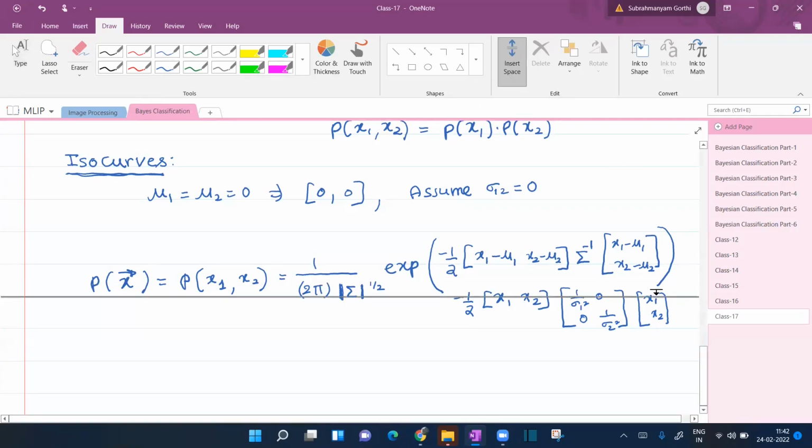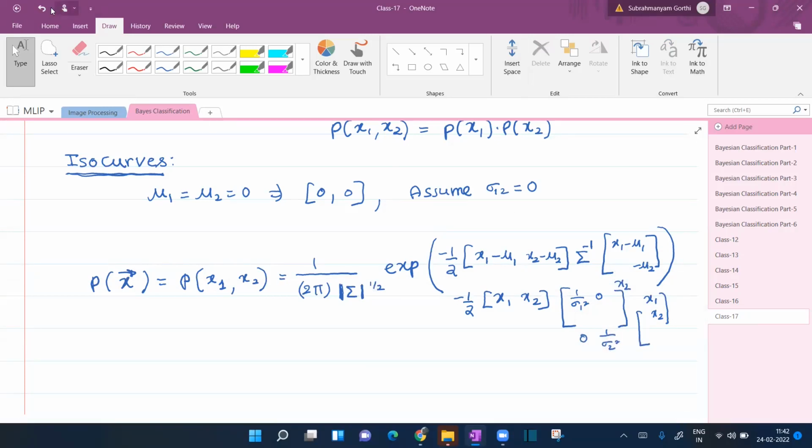Excuse me, sir, we have assumed that mu1 and mu2 are 0, sir. Correct. For the time being, let me first tell you the purpose. I would like to see what would be the shape of this isocurve. That's my first objective. What will be the effect of mu1 and mu2? This whole distribution shape will be moved to some other place.